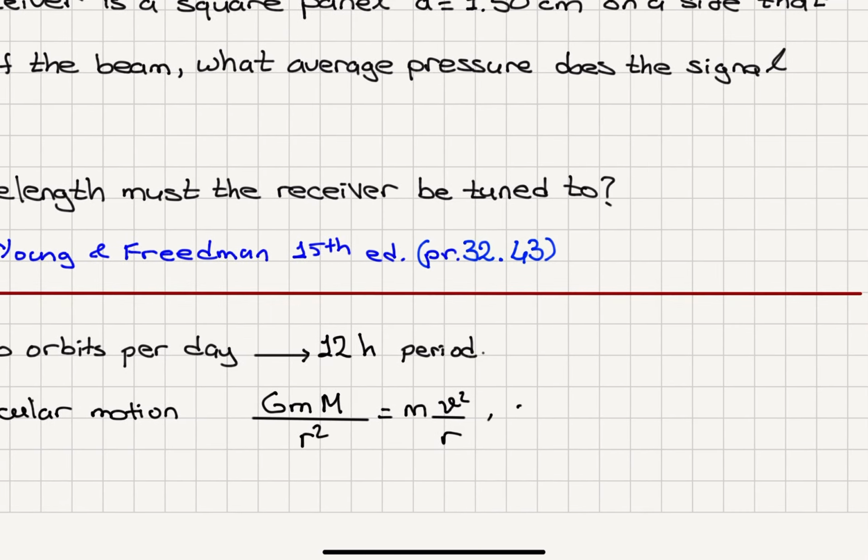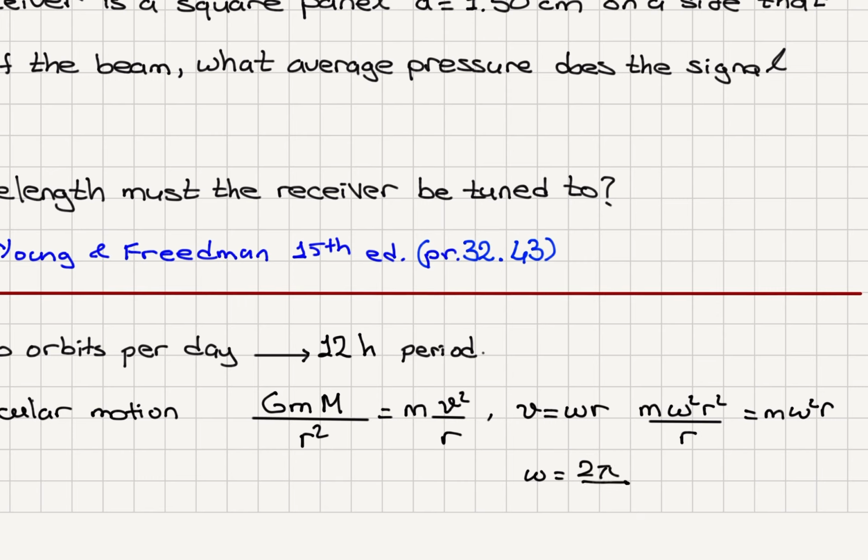Now, v is related to the angular speed, omega times r, so that we have m omega squared r, the centripetal force, and omega is 2 pi divided by the period.